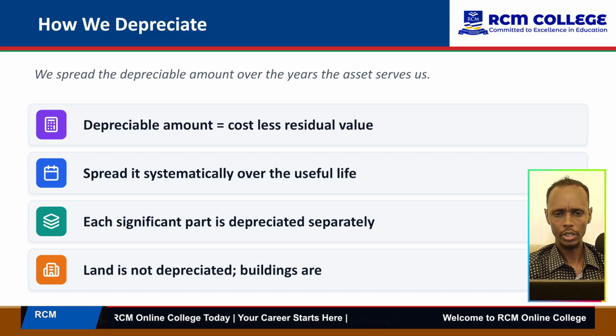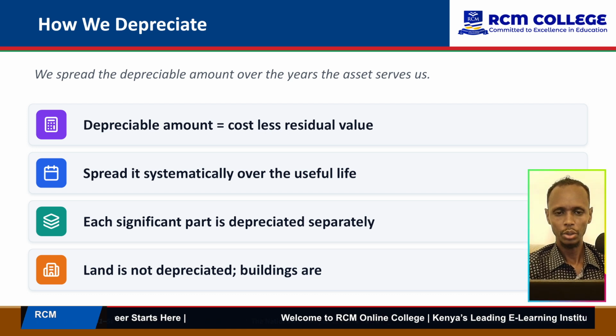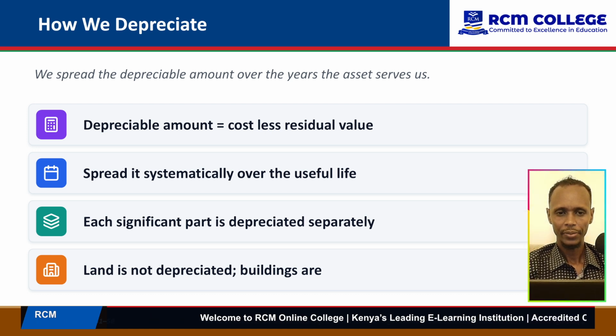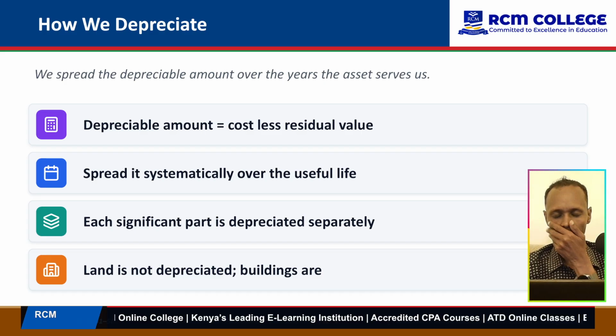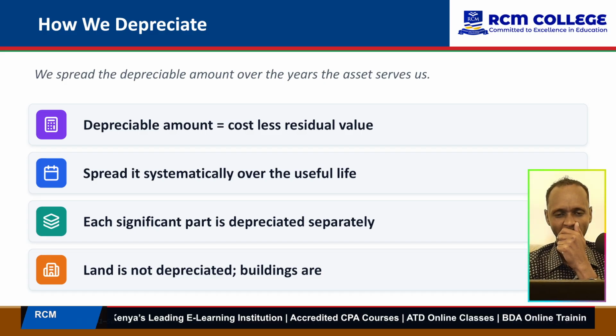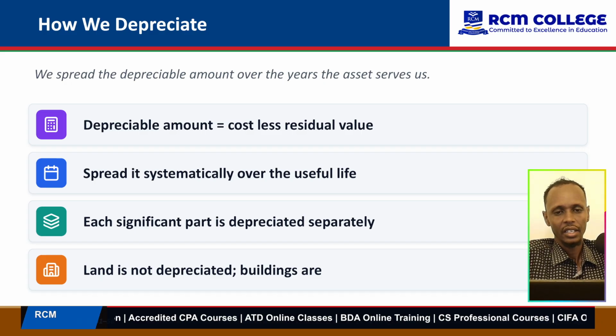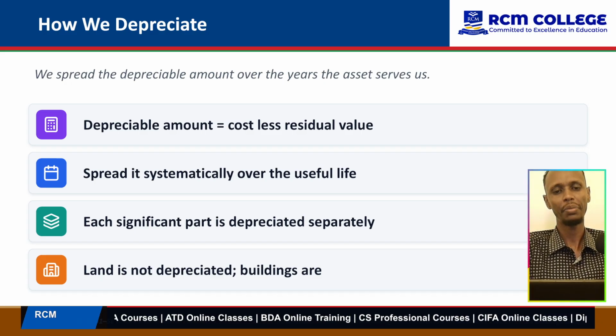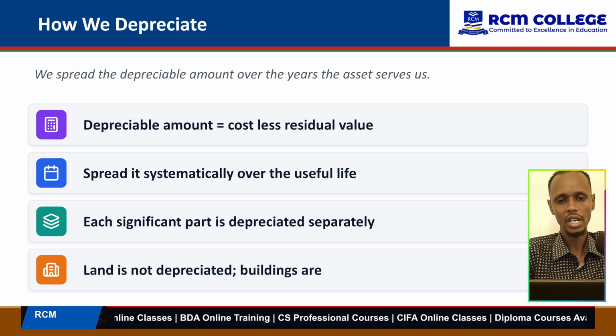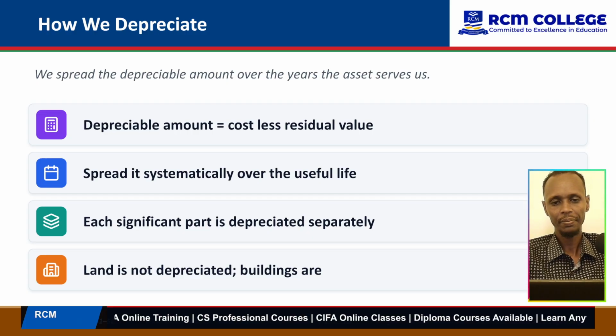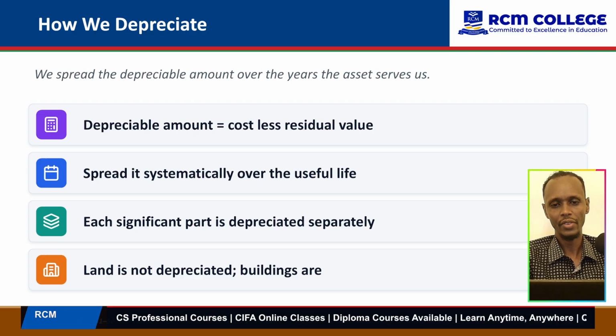So as it produces units, then you depreciate. You say the percentage of depreciation is equal to, if you have used 20,000 and normally it produces 40,000, that it has depreciated 50%. So you can use any of those three methods depending on the type of asset.